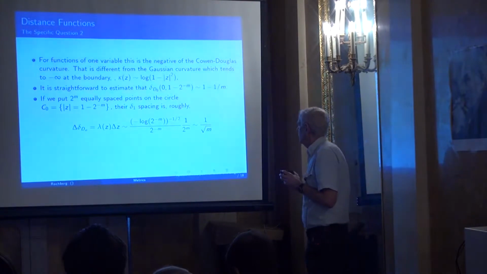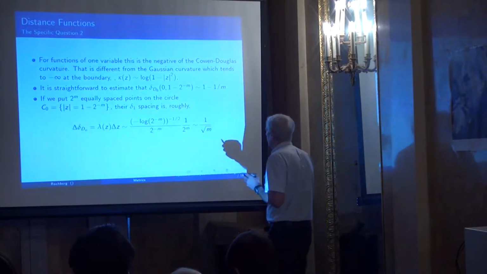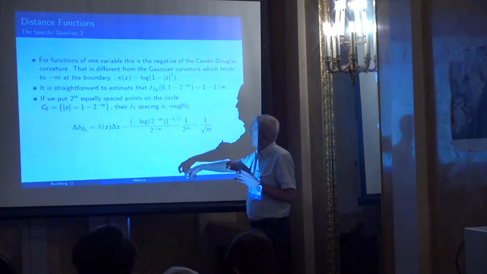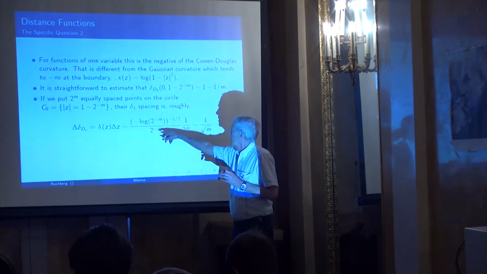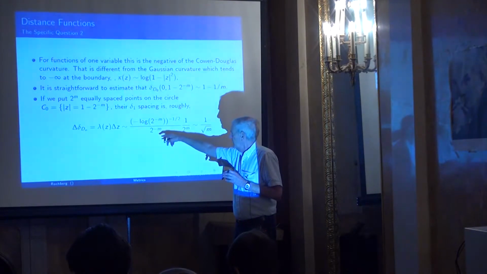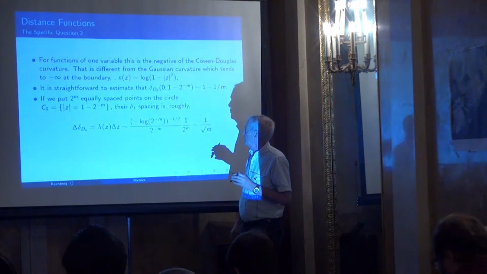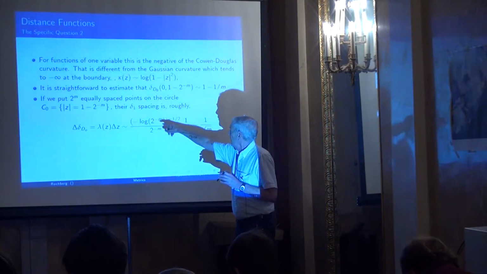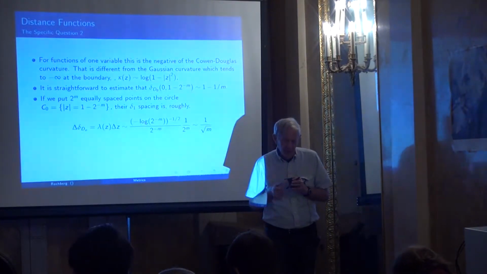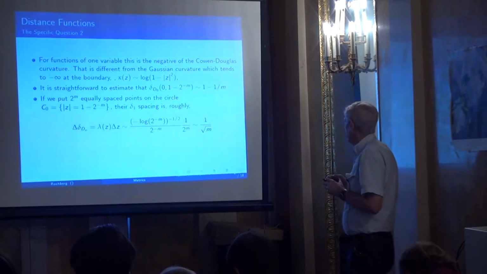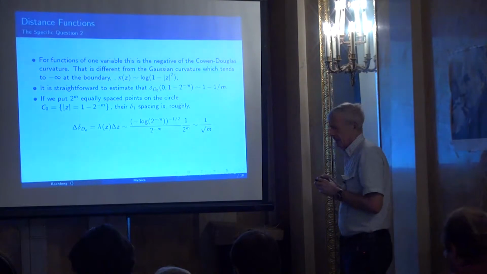And the Euclidean distance between them is on the order of 1 over 2 to the m. And that other expression I had has a 1 minus mod z squared on the bottom, which is 2 to the minus m. And then there was this negative 1/2 power of a logarithm on top. So I write all that down, I do the cancellation, I get 1 over root m.